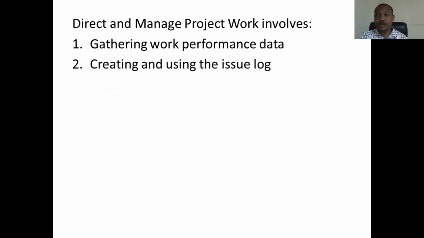Maybe there are issues in the project, and you have to note them down. The essence is to make sure that in subsequent projects you'll be able to make reference to these issues, and it will help you better address subsequent problems. It's a kind of experience bank. It helps you manage challenges in your project, and also requesting changes.